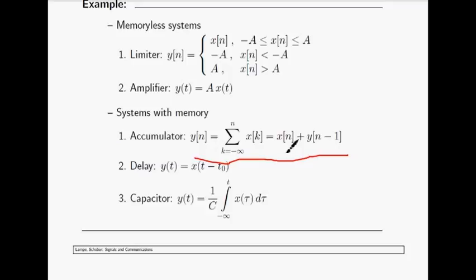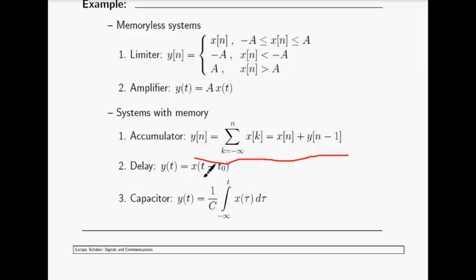And now let's see delay. In delay, if I put t equal to 0, I'll get y(0) equal to x(minus t naught), which is also an example of a memory system which depends on past values.